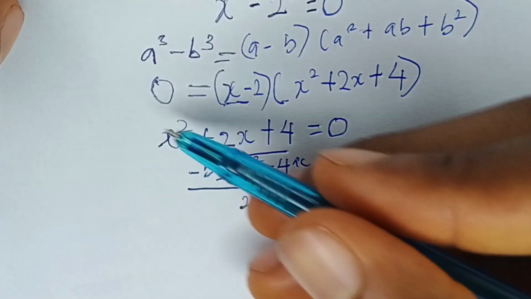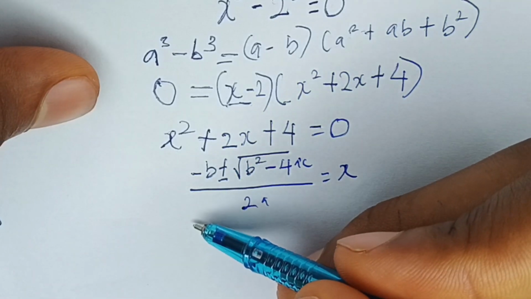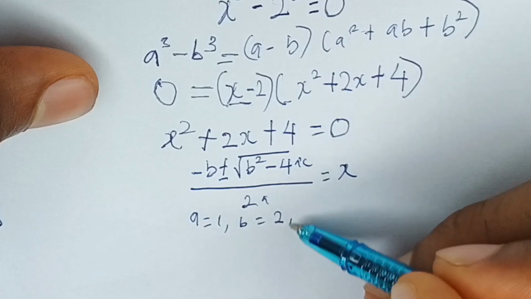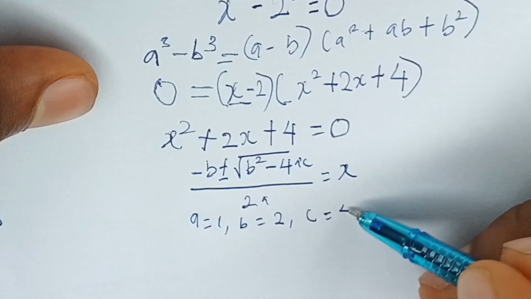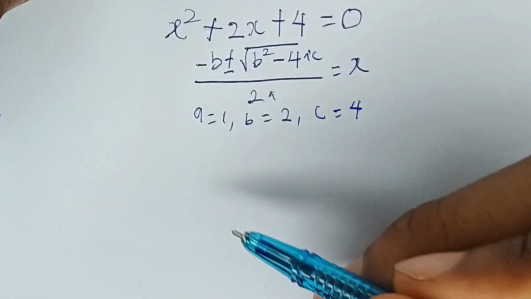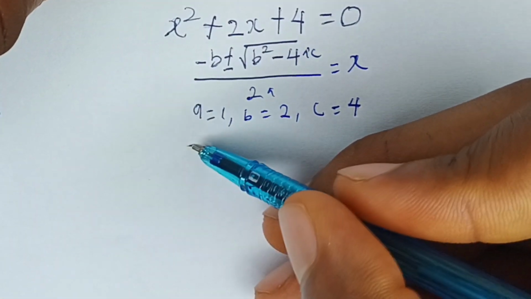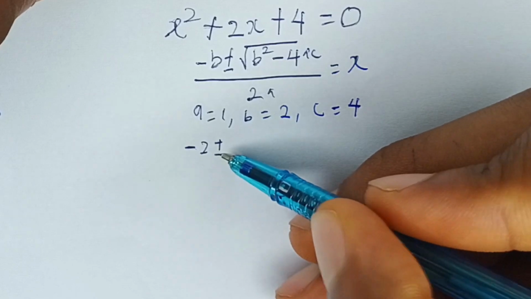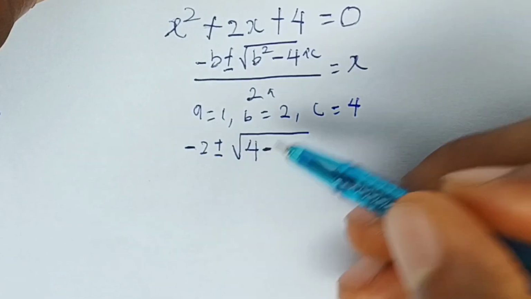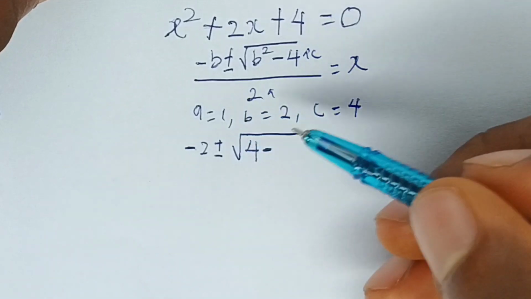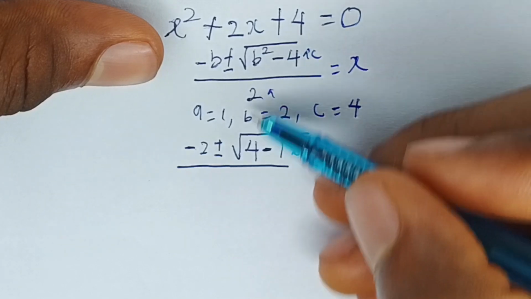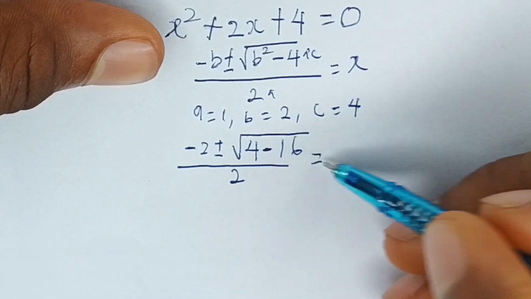Now a is 1, b is 2, and c is 4. So from here you can see that we have minus 2 plus or minus the square root of 2 squared, which is 4, minus 4 times a, which is 4 times 1, 4 times 4 is 16, all over 2a, which is 2 times 1, which is 2, and this is x.